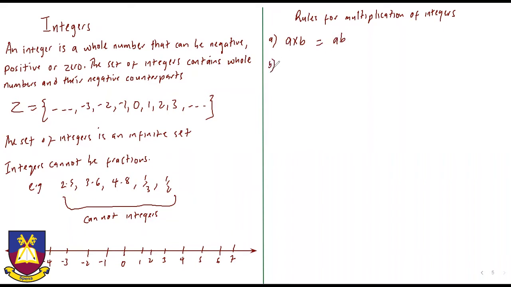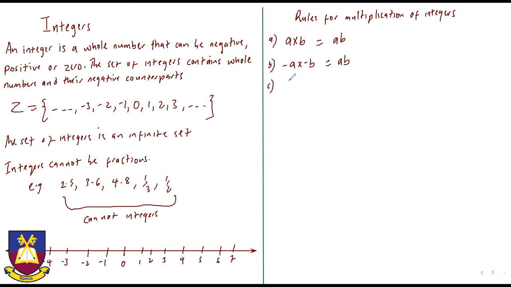Then if I had -a times -b, the answer would still be ab. In other words, if I multiply two negative integers, the result is positive.